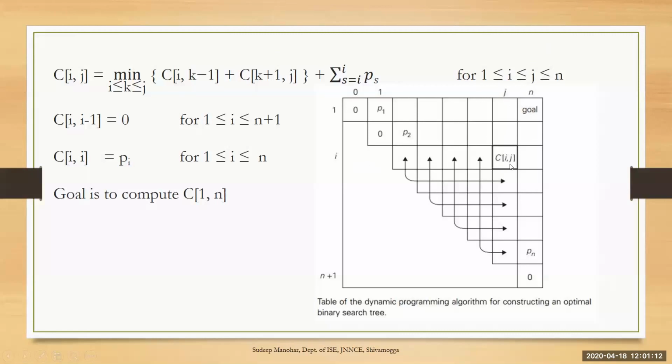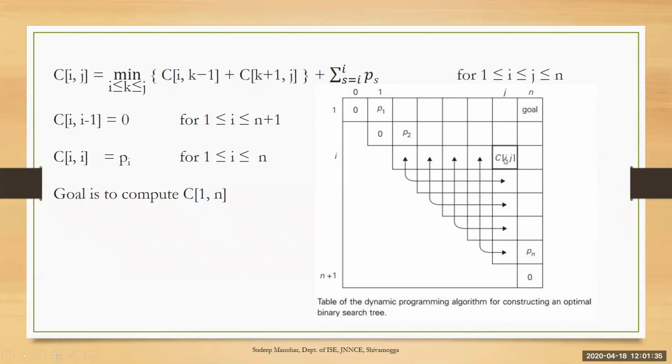So C of 3 comma 4, what does it mean? C of 3 comma 4 gives the average number of comparisons for the subtree which contains the nodes from 3 to 4, which contains the nodes from i to j. So i is 3, j is 4.